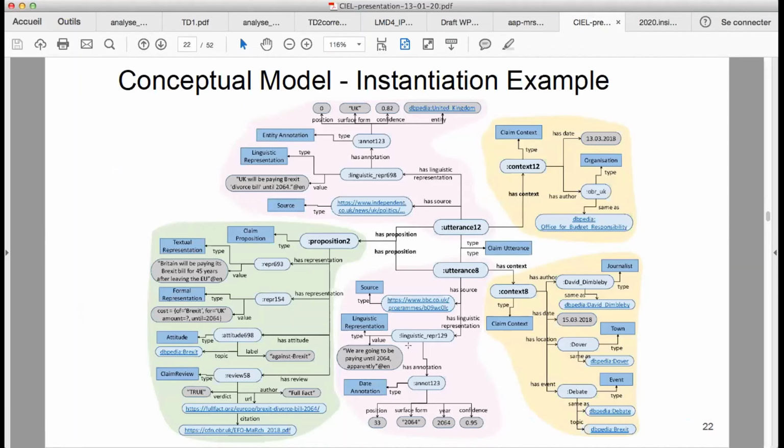What you see here in the middle are two different utterances. As I mentioned, we can have two utterances associated to the same proposition because they are semantically equivalent. And what you have here are the associated contexts to each of the two utterances. So basically, the combination of a context and an utterance could imply a particular proposition, according to our model at least.